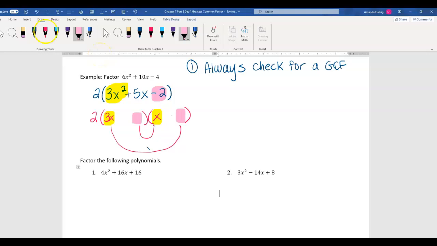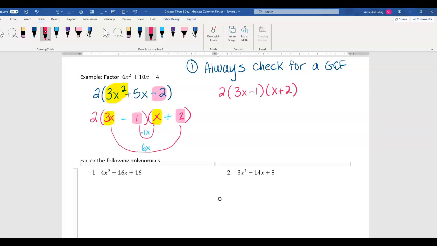So I'm going to move the 2 to the other side and the 1 to the other side. And now when I check, I get 1x here and 6x here. Does that work? Can I get a positive 5x? And I sure can if that's a negative 1, positive 2.